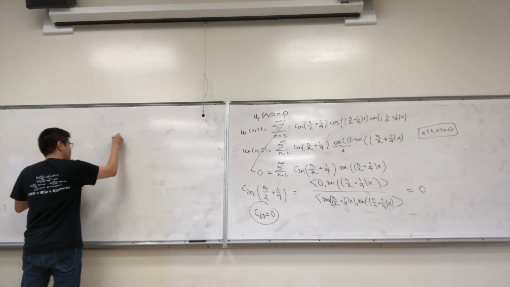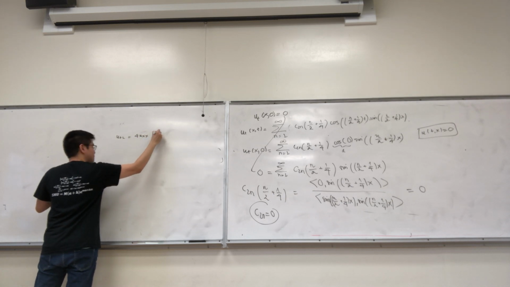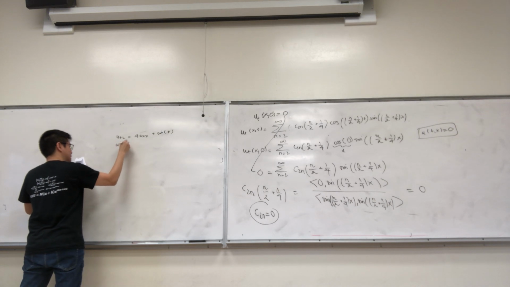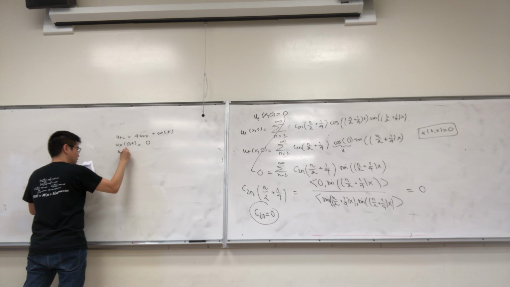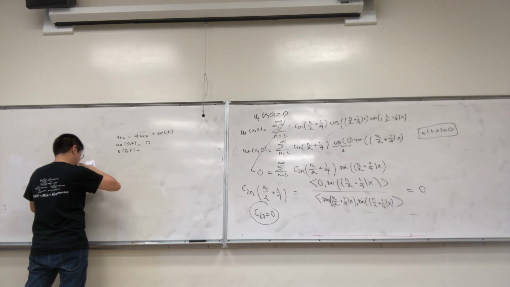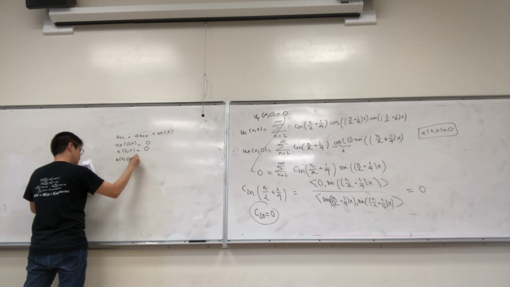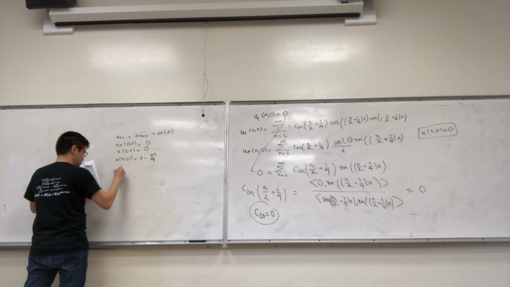So you have u_tt is 4 times u_xx plus sin(t). u_x(0,t) will be 0, u(2,t) is 0, and u(x,0) is 1 minus x squared over 4. u_t(x,0) is 0.